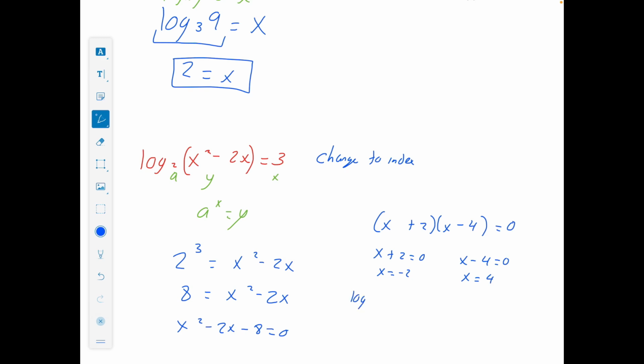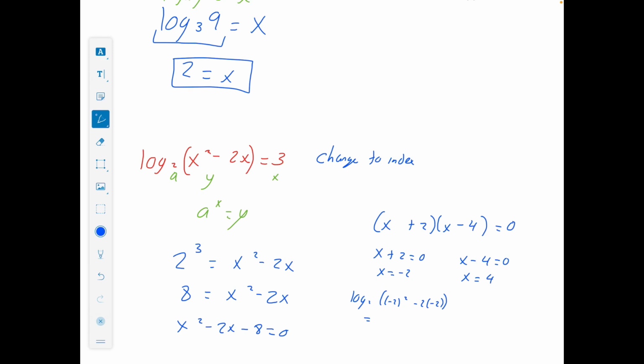Okay, now with logs, sometimes it's worth checking if your solutions work. So I'm going to sub in both those answers. Log to base 2 of minus 2 squared minus 2 by minus 2. I'm just going to pop that into my calculator.